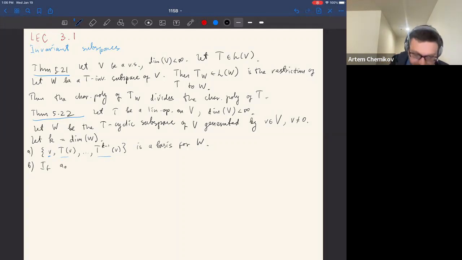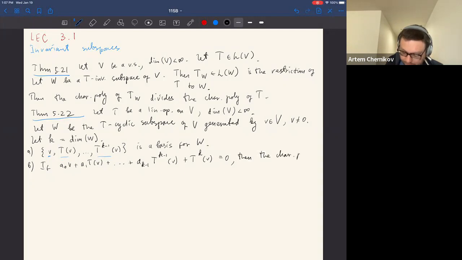So if we have that a_0 v plus a_1 T of v plus etc. plus a_(k-1) T^(k-1) of v, okay, plus T^k of v is equal to 0, then the characteristic polynomial of the restricted operator T_W is of the form f of t given by (-1)^k times (a_0 plus a_1 t plus etc. plus a_(k-1) t^(k-1) plus t^k).